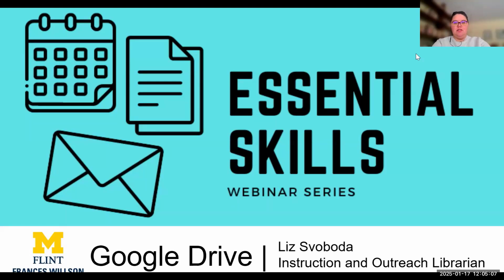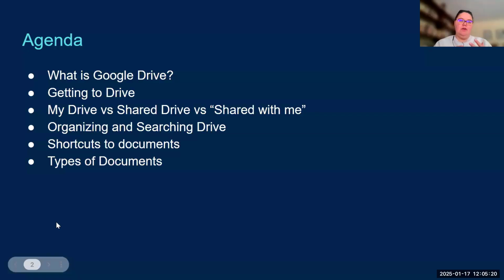Okay, so today's topic is we are going to be talking about how to use your Google Drive, which is attached to all of our university products here because we are a Google campus. So starting off with what we're going to be talking about today, we're going to talk about basically what it is, how to get to it, what the different organization structure within Drive is.